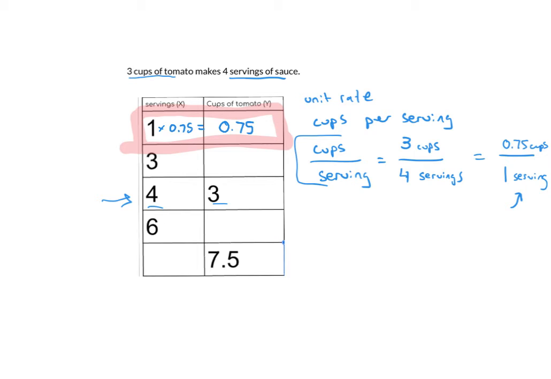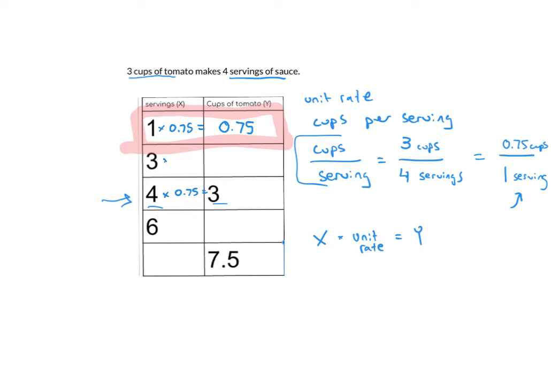The other known ratio we have, we know that 4 times 0.75 will give us 3. So our x multiplied by our unit rate will equal our y.